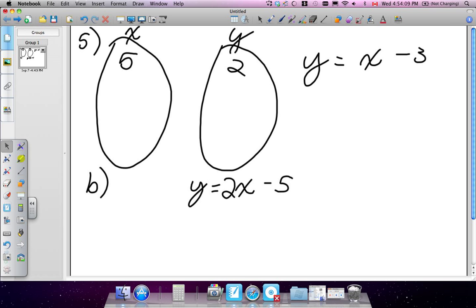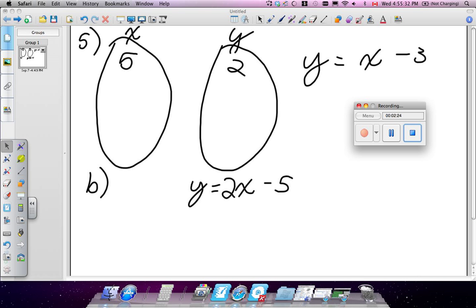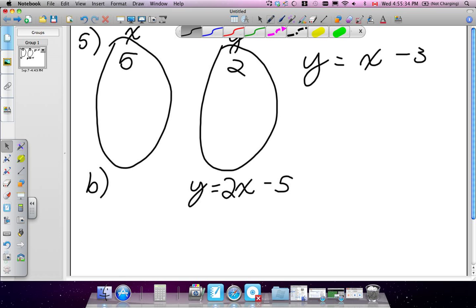Does that make sense? Yeah. So the sum of the input and the output is 5. So our input has been x, and our output has been y, right? The sum of, do you know what sum means? The total. Total, but what operation? Sum deals with addition.